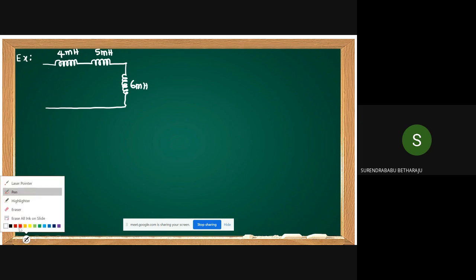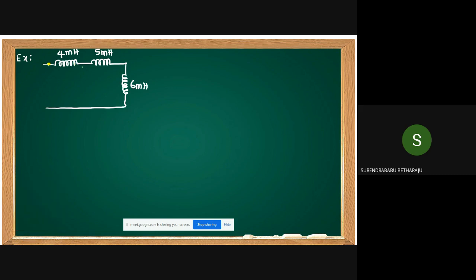This is 4 millihenry, this is 5 millihenry and this is 6 millihenry. The dot is issued at this point.